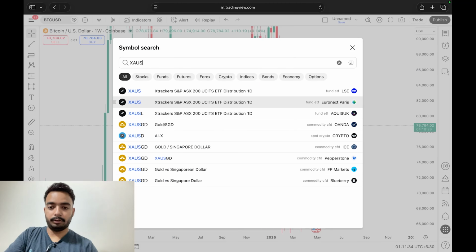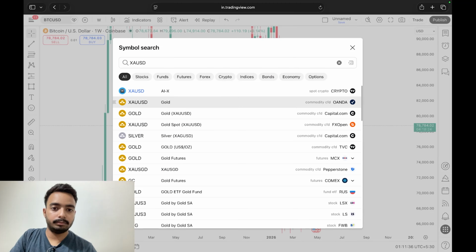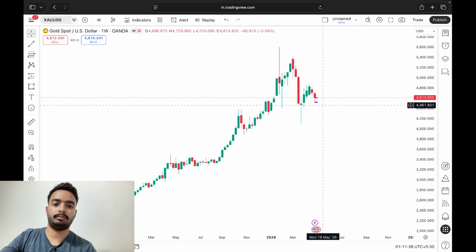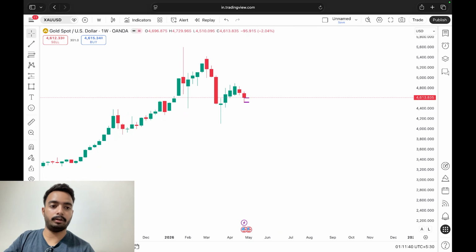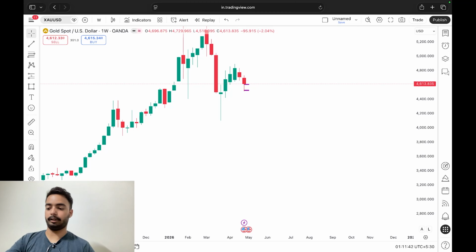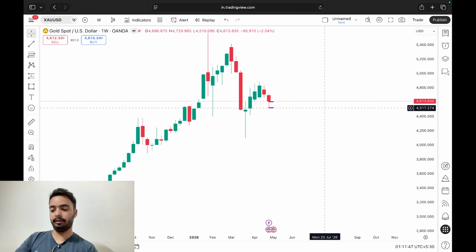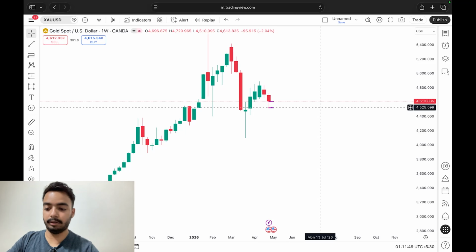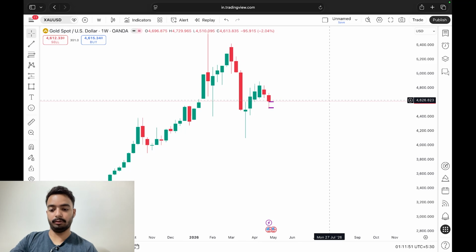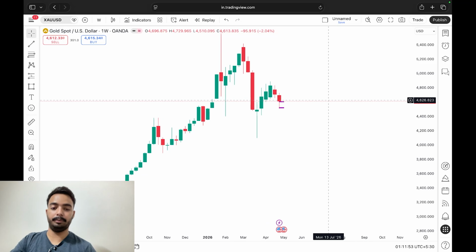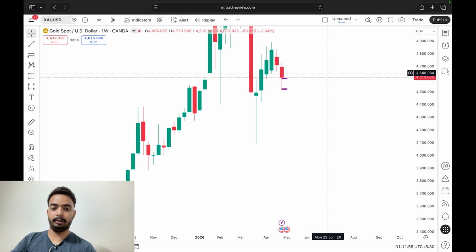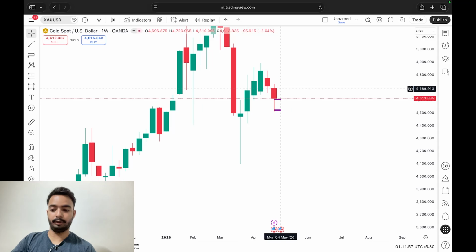So I'll start with gold. Starting with gold on the weekly time frame, we can clearly see that the price is currently reacting near a major supply zone, and we formed a bearish weekly candle last week.